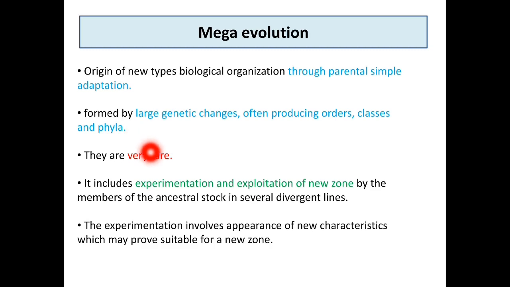This type of evolution is very rare, and includes experimentation and exploitation of a new zone by the members of the ancestral stock in several divergent lines, and the appearance of new characteristics which may prove suitable for a new zone.